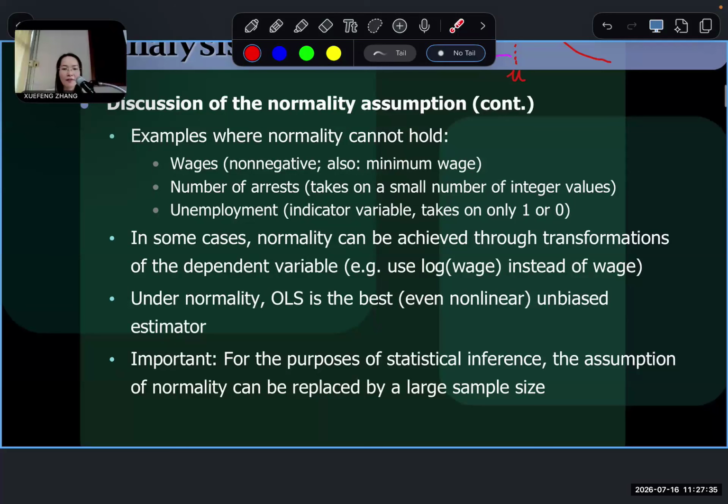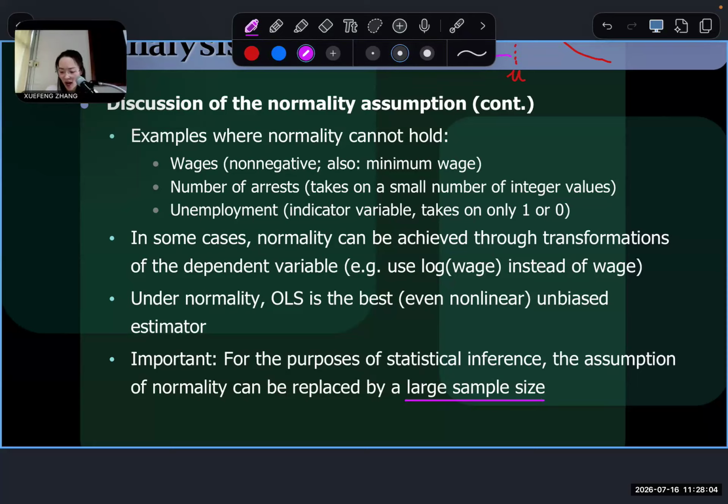With a large sample, the Central Limit Theorem kicks in a different way, and our test statistics become approximately normal anyway. Be careful, I said approximately normal, not exactly normal.